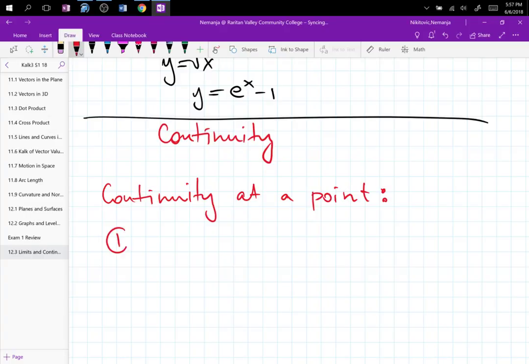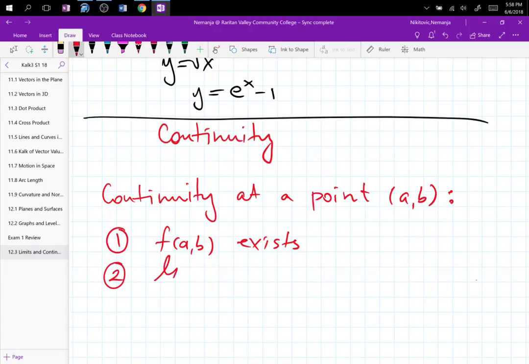The following three things have to be satisfied. 1. f of a, b exists. Maybe I should say continuity at the point (a, b). There we go. So the function needs to exist at that point. 2.